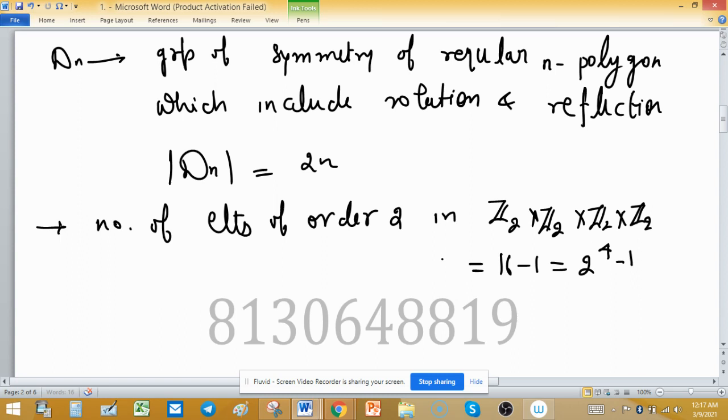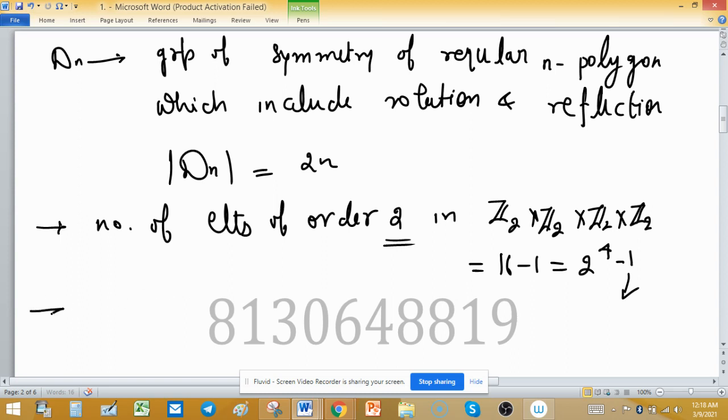So you can write a general formula. Why did I subtract 1? Because the identity always has order 1, and we are asking about order 2, so 1 is subtracted.